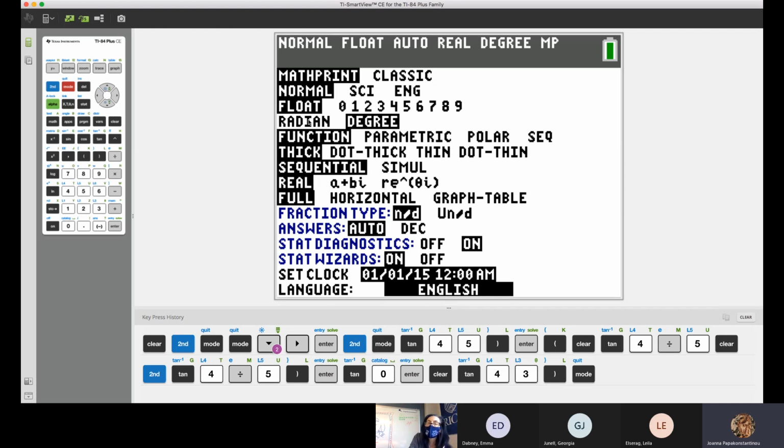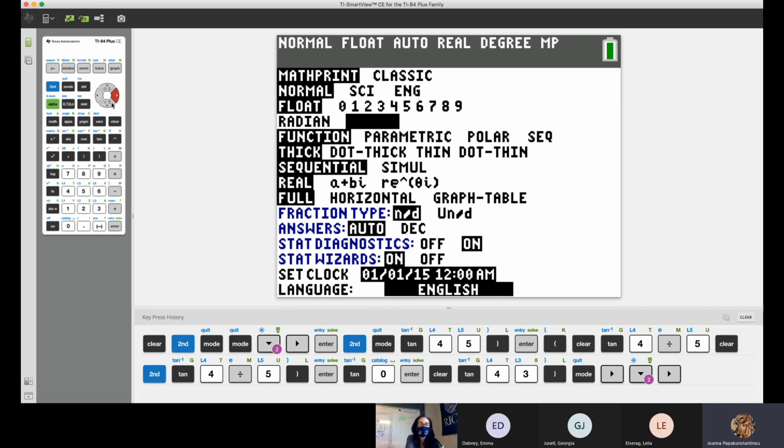If you are in radians, meaning this is highlighted, arrow to the right and highlight degree. Is anybody in radians? Ooh, let's switch to degrees. Otherwise, you're working in the tan of 43 radians. Ooh, and that's totally different. And you will work with radians, but not until pre-cal. So that's why we have to be able to switch back and forth between these.